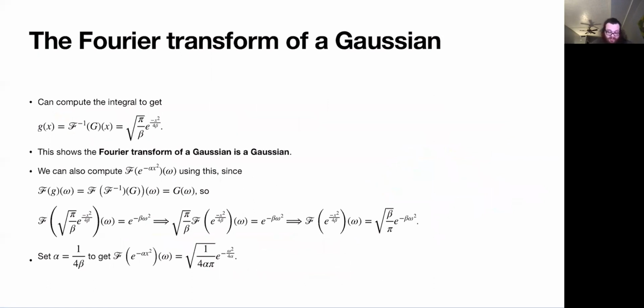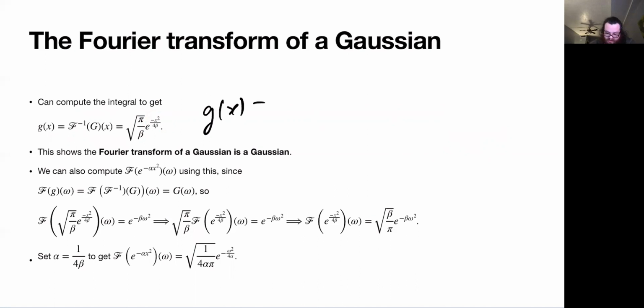So the answer is yes, and there are a number of ways to do this. So this is one solution. What is g of x? It's going to be some constant, right? Square root of pi over beta times e to the minus, and I can write this bigger.